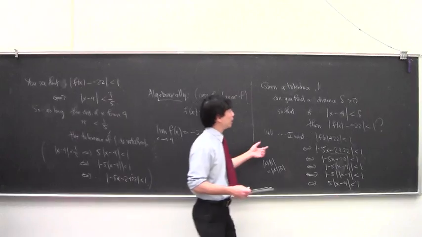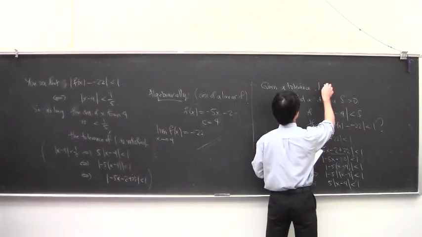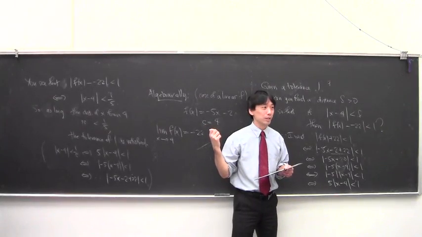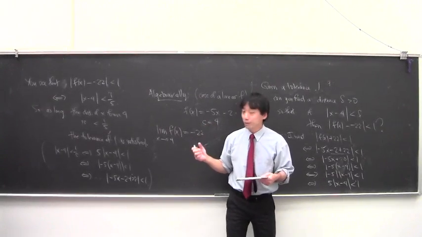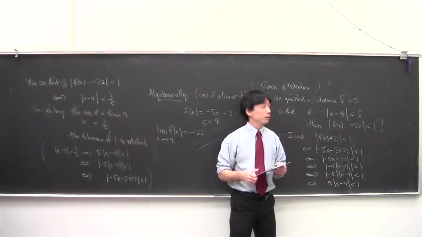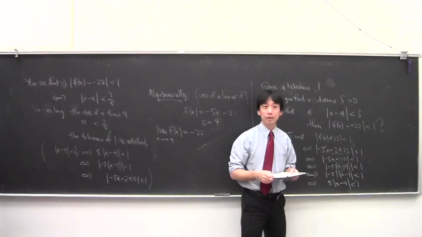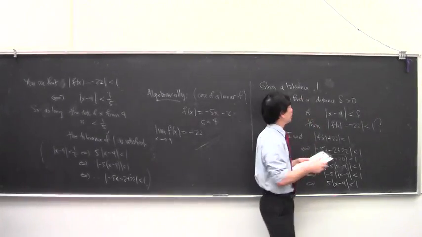Okay. What if the tolerance is 7? What's the distance? 7 over 5, right? Okay. So then what you see is that you can do it for any number, any positive number.